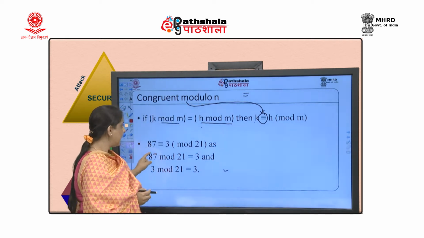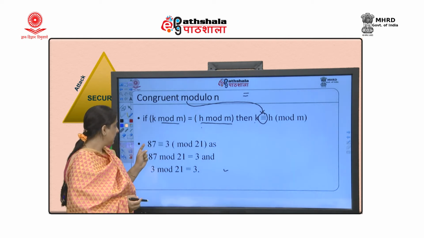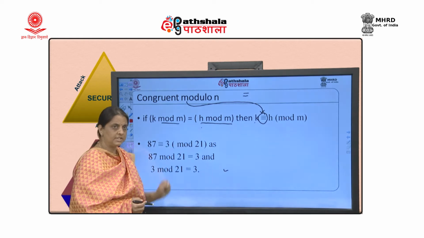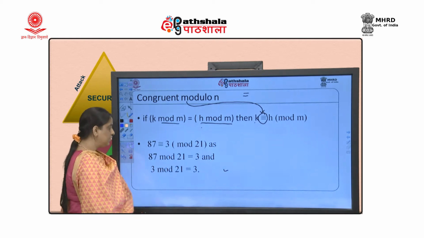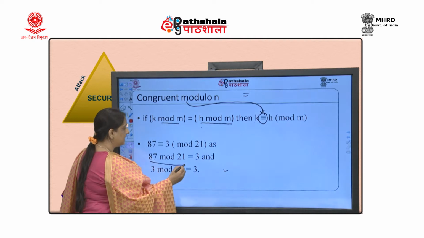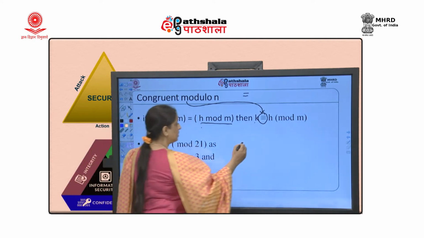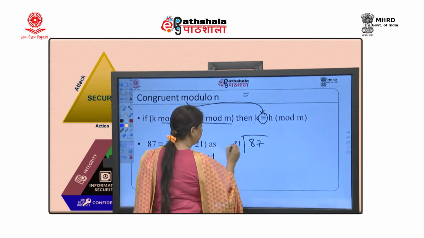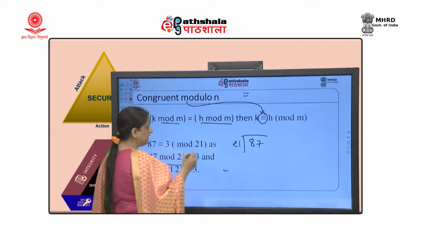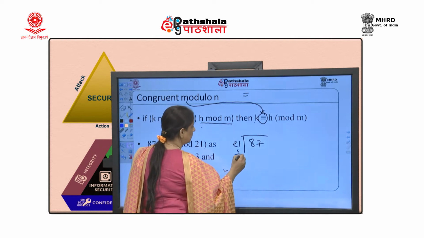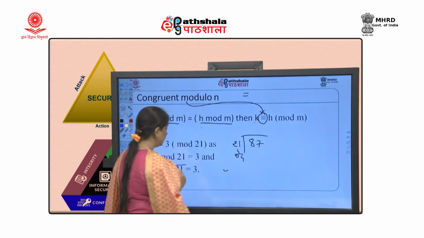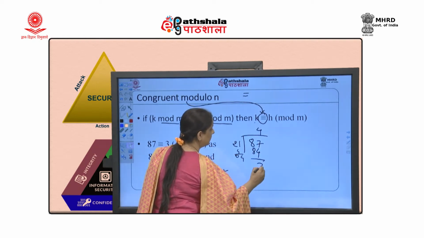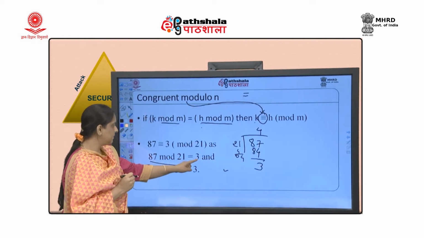If we take an example, we want to check: is 87 congruent to 3 mod 21? How would we check? First you have to do 87 mod 21. The simple thing is to divide 87 by 21. 21 fours are 84, so the remainder would be 3.